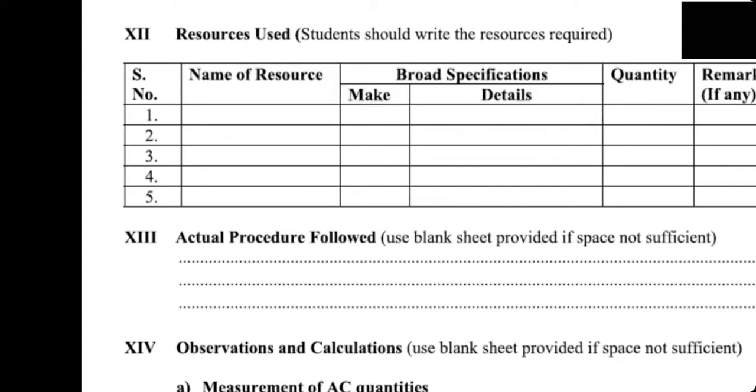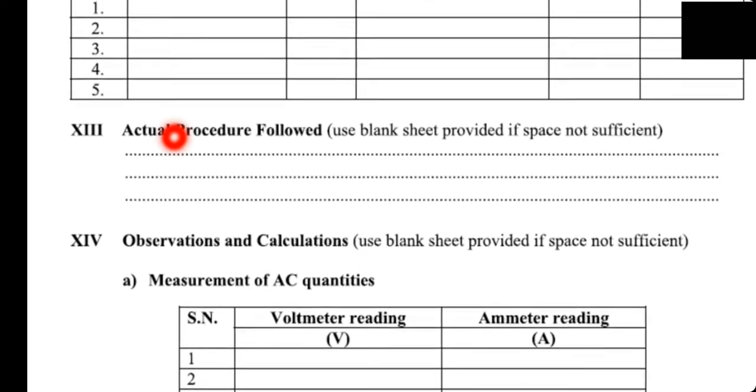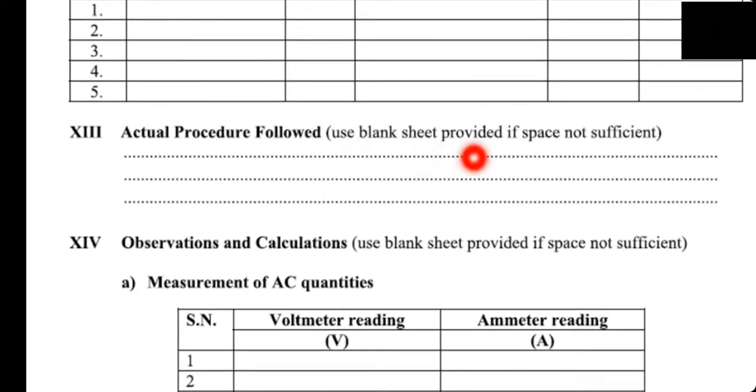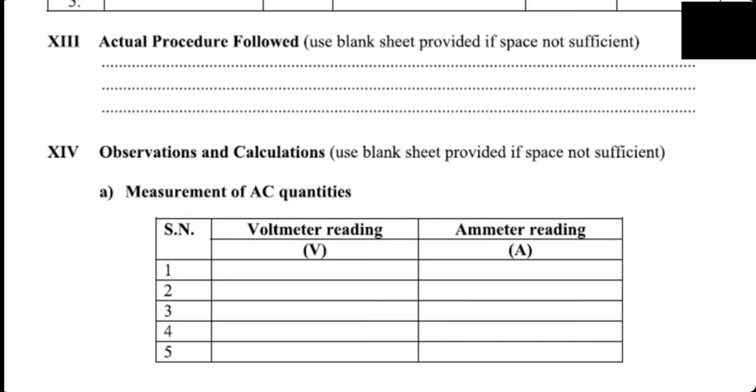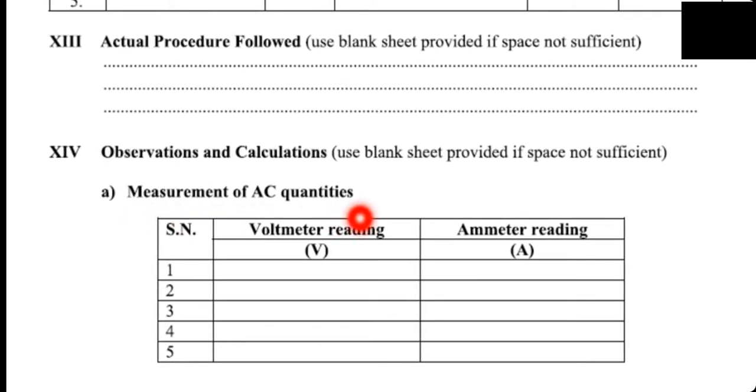Here is the actual procedure followed; use a blank sheet if space is not sufficient. Observations and calculations: measurement of AC quantities. Here we write the voltmeter readings and the ammeter readings.